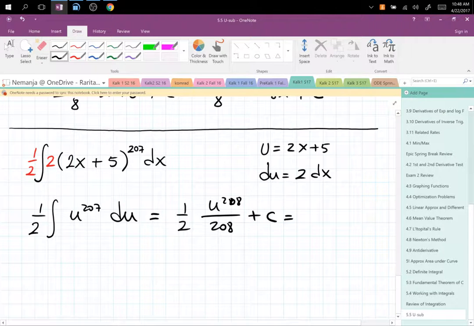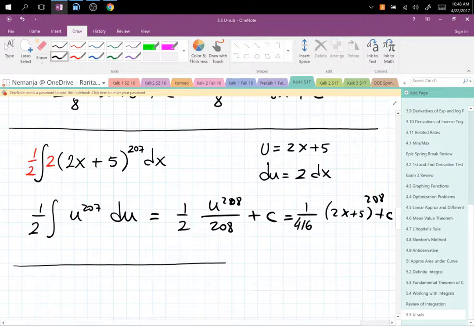And then at the end, I don't care about u, I care about the x, which is 1 over 416 (2x plus 5) to the 208 plus c, which is the answer. That's how you do these problems. Those are the introductory ones.